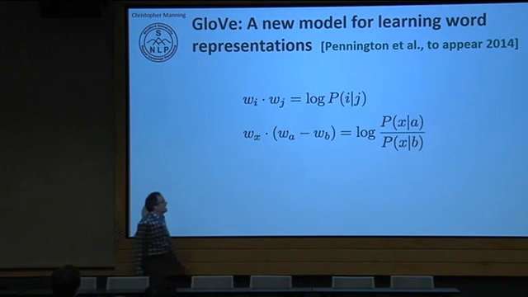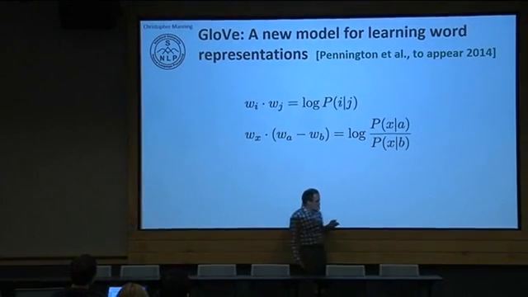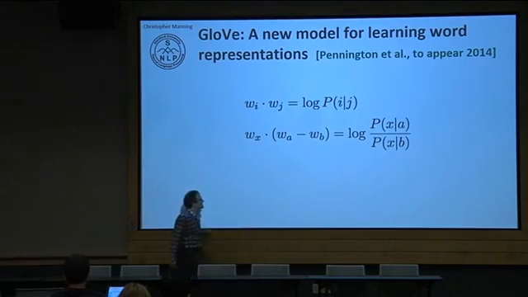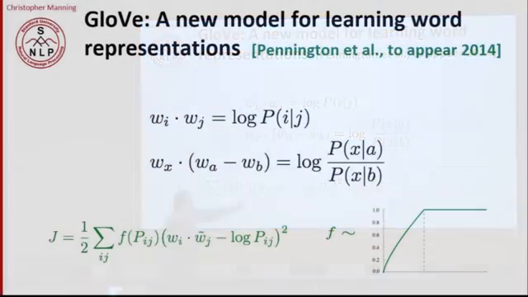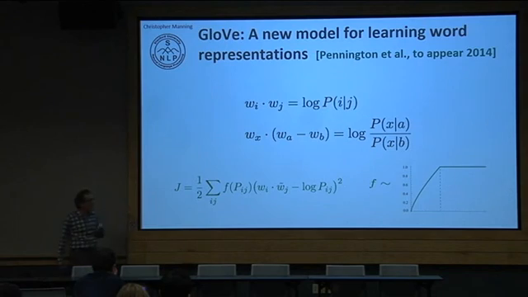And if we do that, precisely, vector differences correspond to this ratio of probabilities. And so essentially we're training the model to try and get these things equal, with one extra aspect in it here, which is that we're scaling by the probabilities of the co-occurrence.